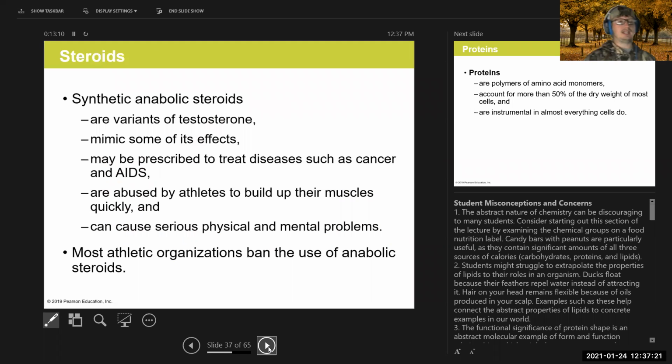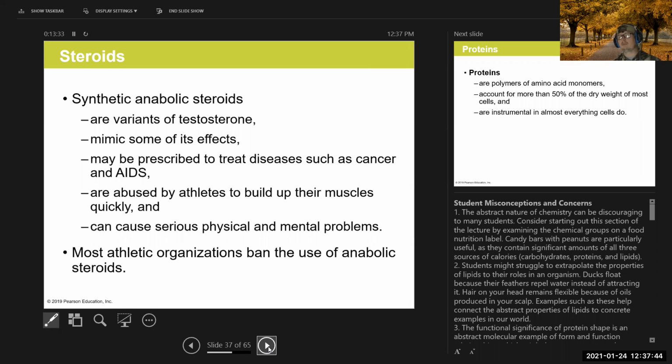You can make anabolic steroids, so synthetic anabolic steroids. These are basically variants of testosterone, and they mimic some of the effects of testosterone. Steroids can be used to treat specific diseases. They can be used to treat cancer and AIDS and other types of diseases.